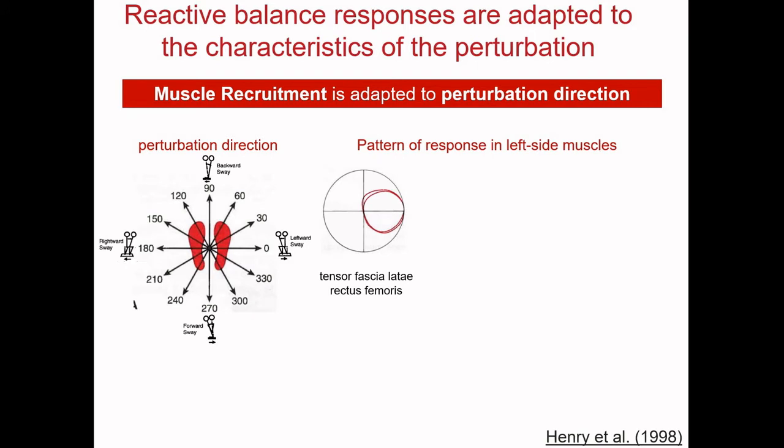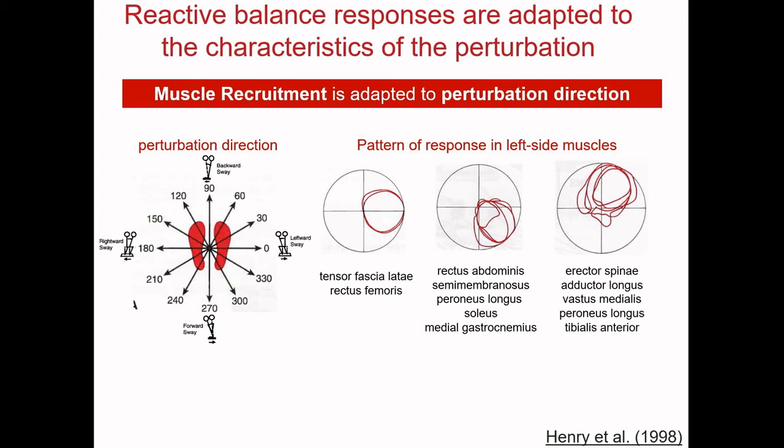Here we see the plot that was developed on the previous slide containing the data for the left tensor fascial latae, and we also see a line representing the activation and the response of the left rectus femoris. You should immediately notice that the two lines that are created for the responses of these two muscles are almost identical. This suggests that we have two muscles that are organized to respond the same way as a function of the direction of perturbation.